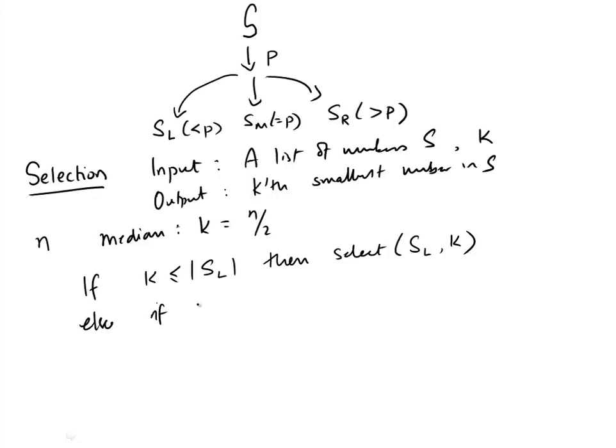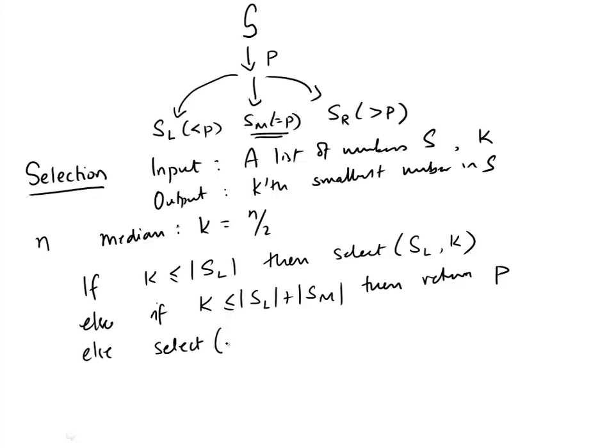Otherwise, if k is less than or equal to the size of SL plus SM, then I know that the kth smallest element is the pivot P, because all the numbers in SM are equal to P. And the third case is that k is in SR, in which case I recursively run select on SR, but I have to reduce k by the sizes of SL and SM.